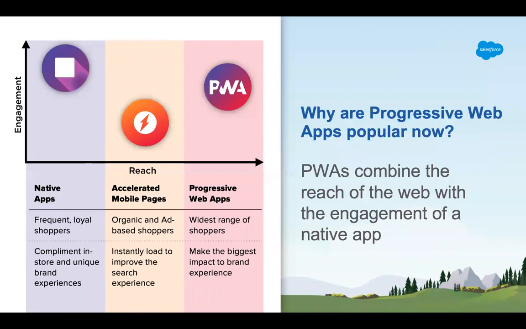So whether that is in a native app, where it's good for frequent loyal shoppers and it's good for complementing in-store unique brand experiences, to accelerated mobile pages, which are great for addressing shoppers coming in from the organic acquisition channels and just improving the search experience by loading pages quickly, to progressive web apps, which is probably the newest set of technologies here, where we get to impact the widest range of shoppers and make the biggest impact of brand experience, where we're looking to combine the reach of the web with the 5 billion devices that are connected to the web now, with the level of engagement of what would have been equivalent to a native app if you were to build one yourself.